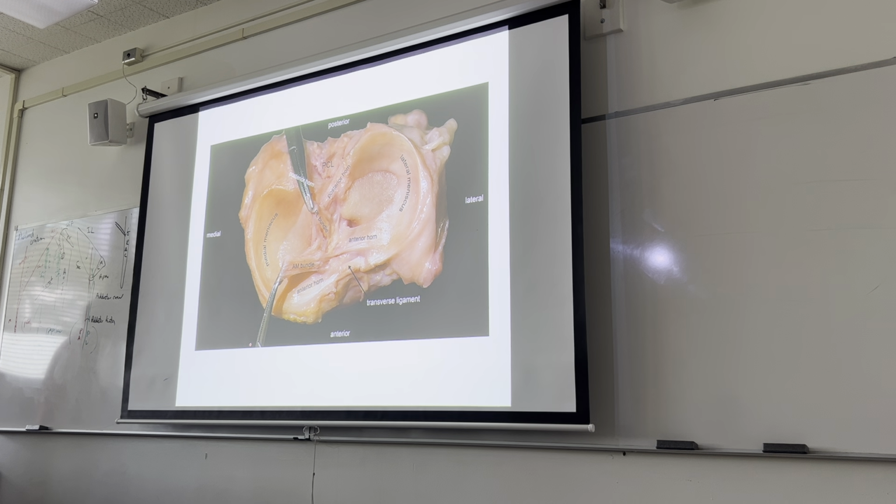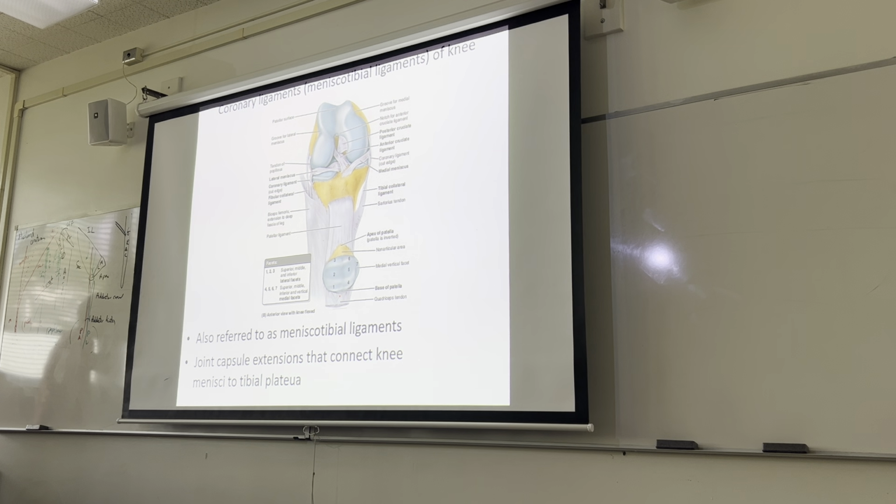Here's a cadaveric view. So lateral, medial. Remember, frontal view. After we remove that synovial fat pad, we get this beautiful view of the anterior cruciate ligament. But we have a little peek of posterior cruciate ligament. See it? Okay.